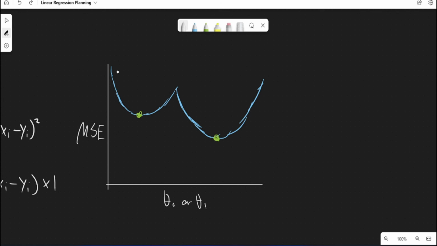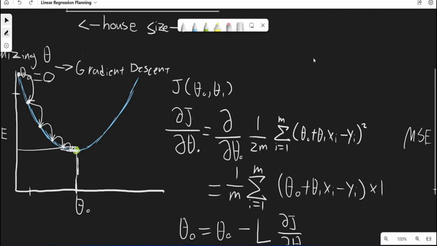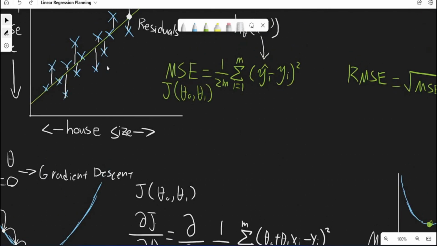So what are other things that we can use? Well, we can also use a concept called stochastic gradient descent, which takes a random data point, right?